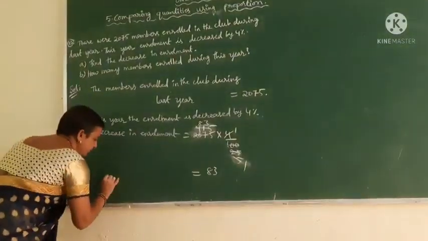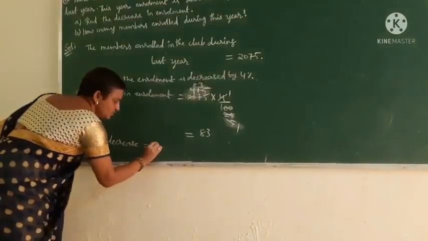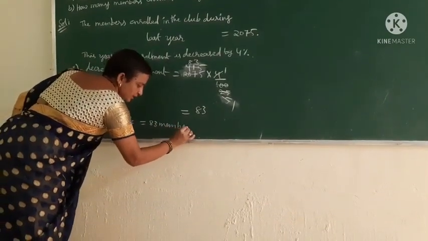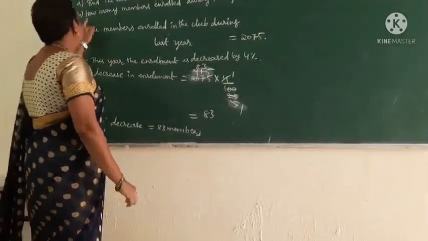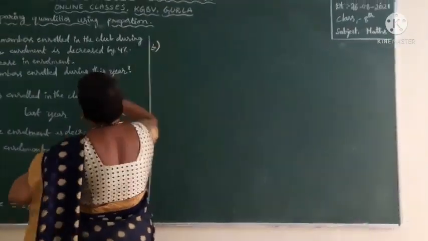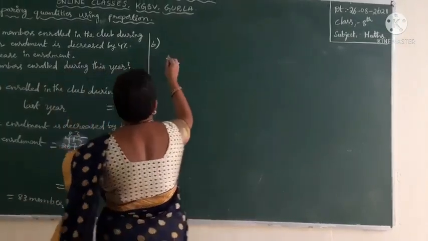Therefore, the decrease is equal to 83 members. And the second one, B: how many members enrolled during this year?